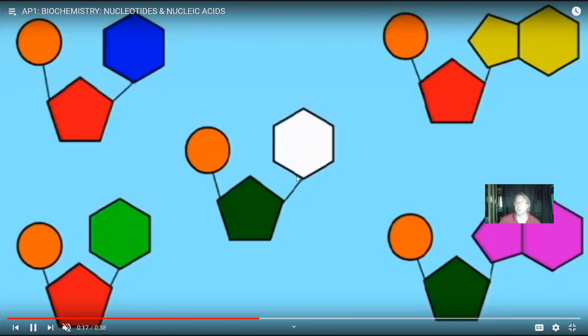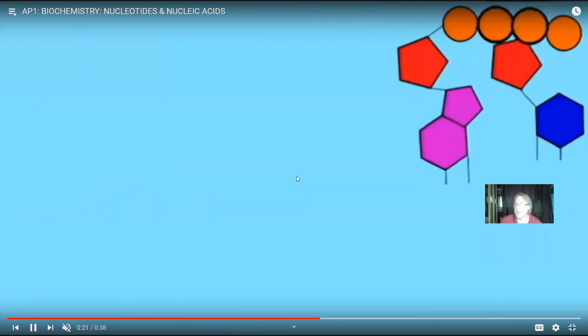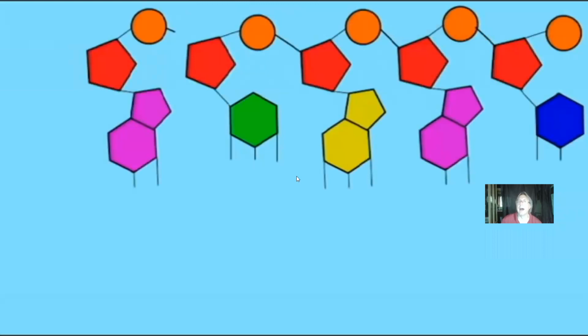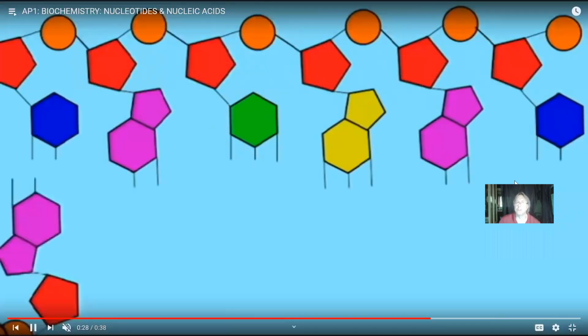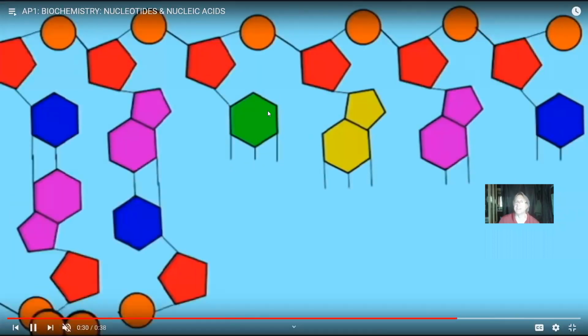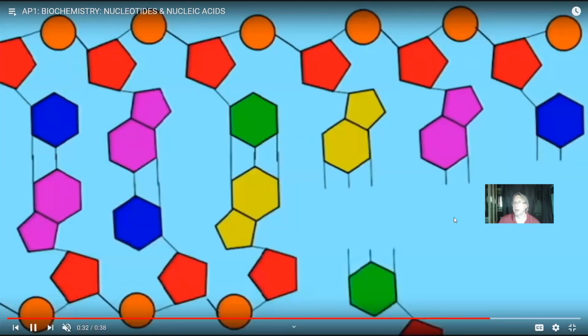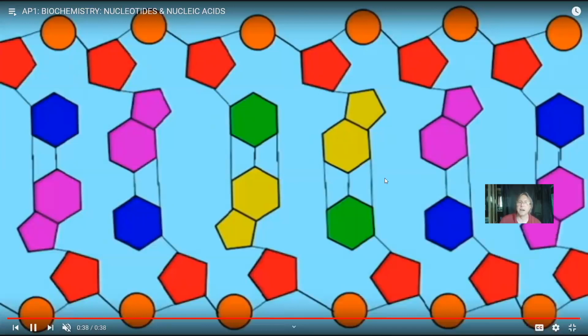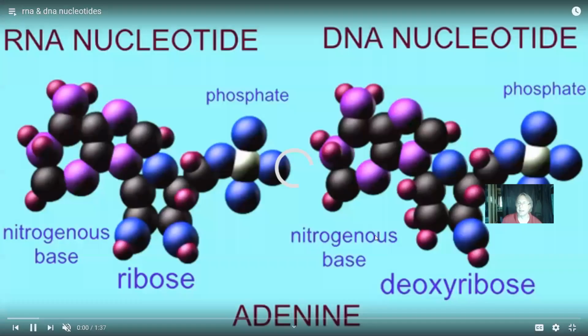That's what I'm representing here with those pentagons as opposed to a hexagon. And then a nitrogenous base. So once you have these nucleotides made of these 3 parts, a phosphate, a pentose sugar, and a nitrogenous base, then you can create long chains of these: the DNA and the RNA.